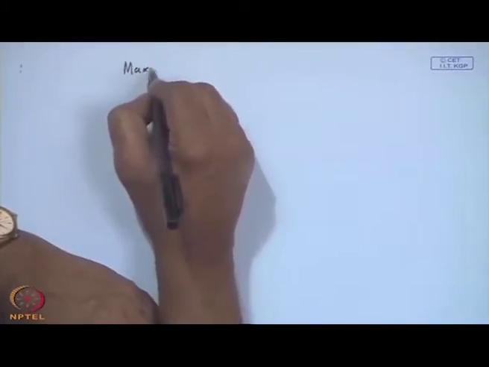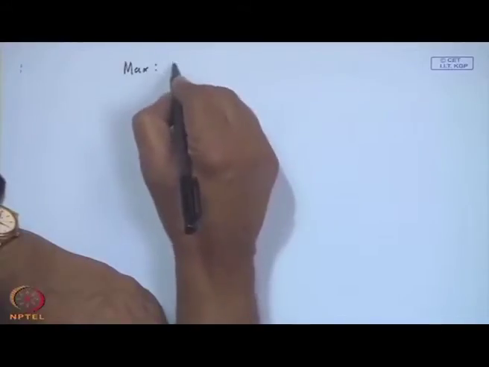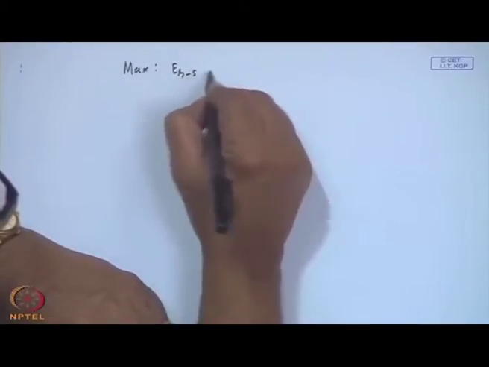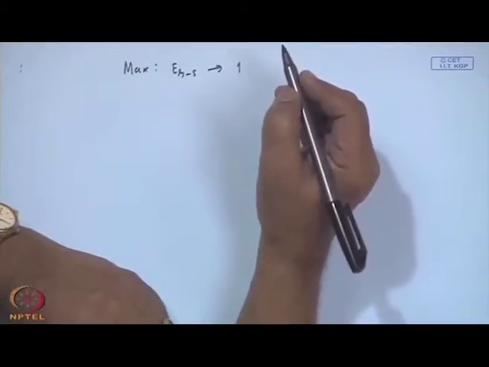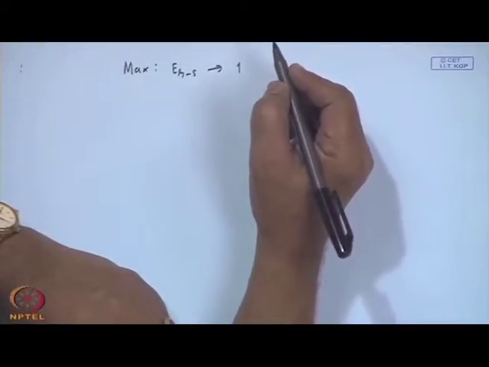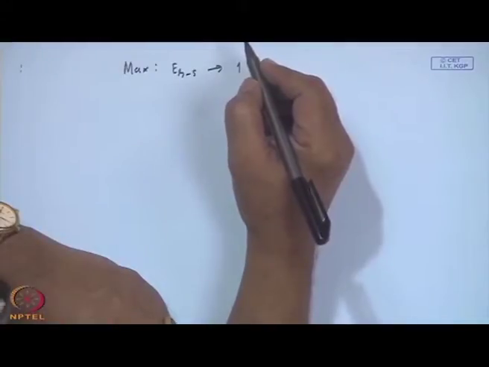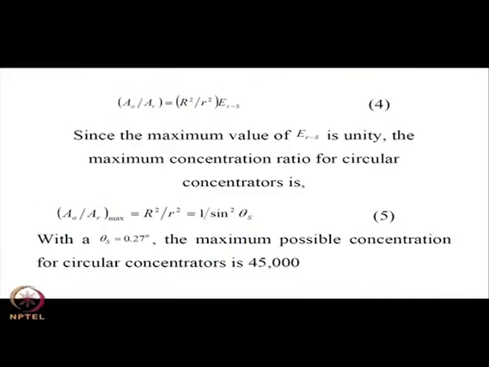And the maximum value for Frs can be 1: all the radiation emitted by the receiver can reach the sun, nothing more than that.